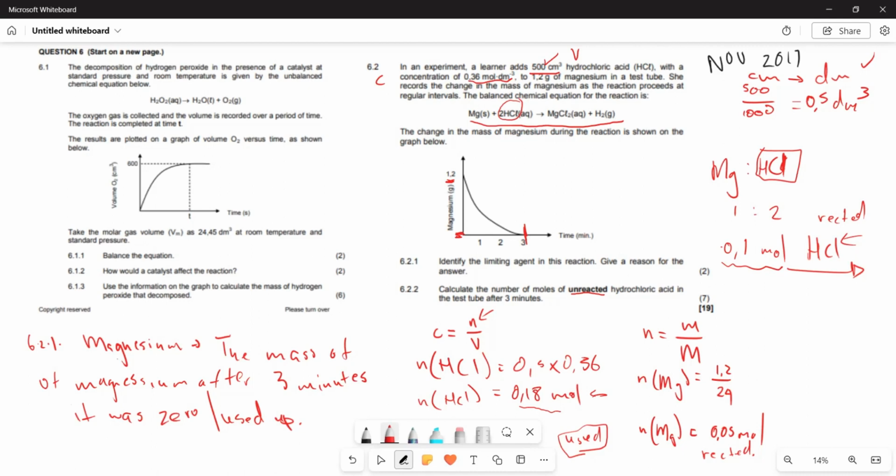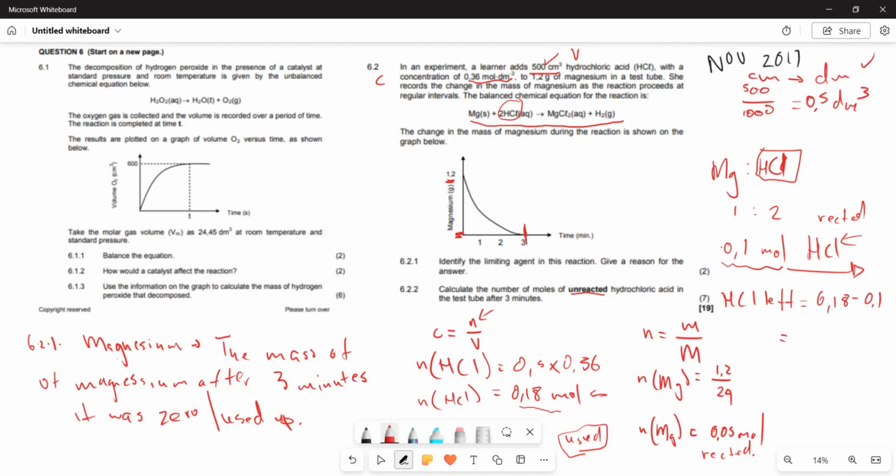So now, look, our HCl left is going to be given by 0.18, now subtract the mole that was used. It was 0.1.